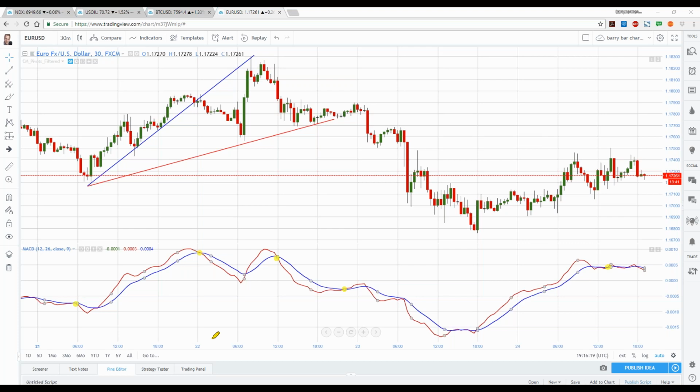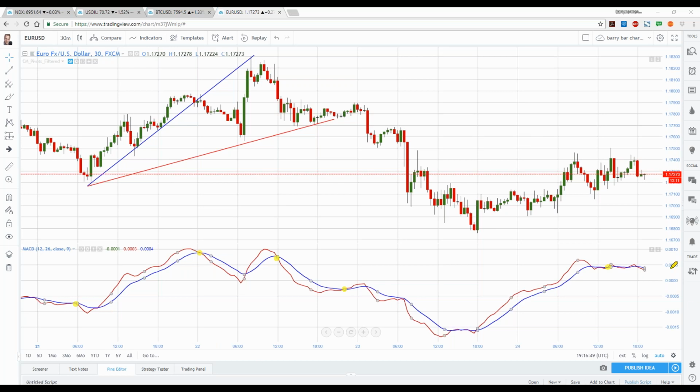Now, how is it a buy or a sell signal? Well, when the MACD line, which in this case is the dark red line, crosses above and over the signal line, it's a buy signal. If it crosses over, below, and under, it's a sell signal.